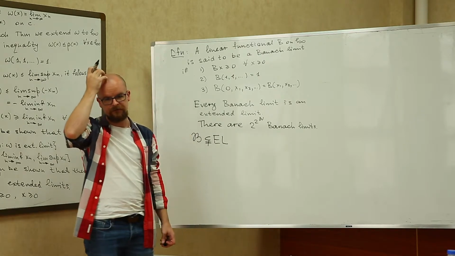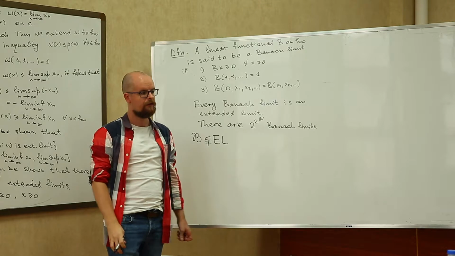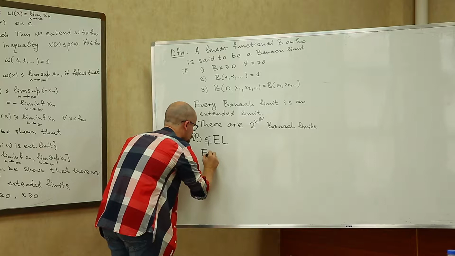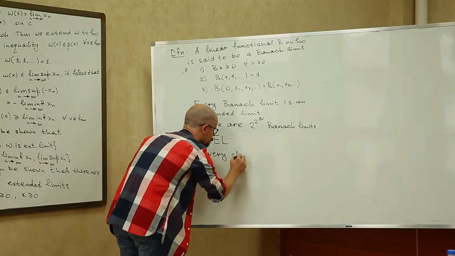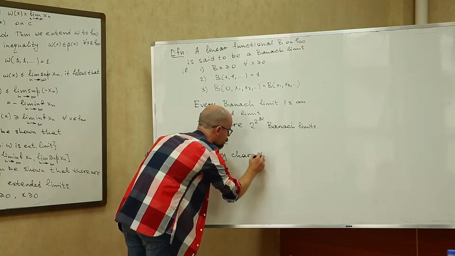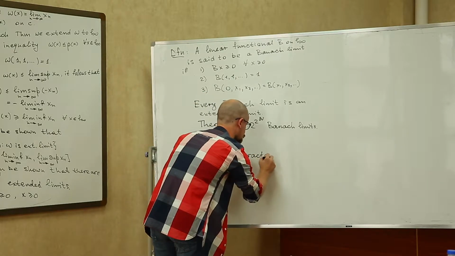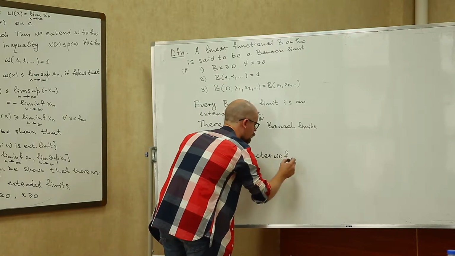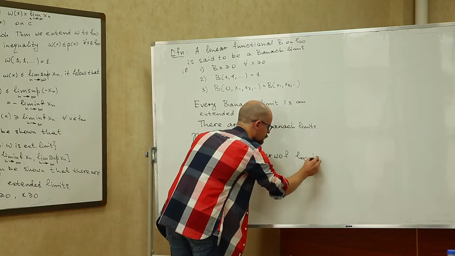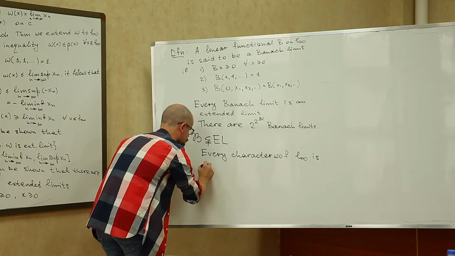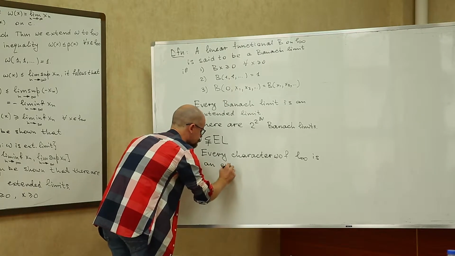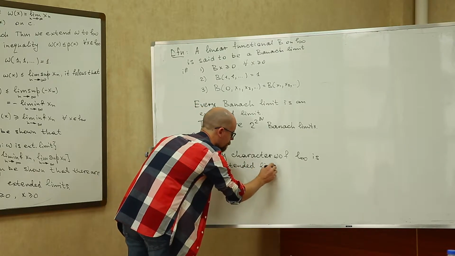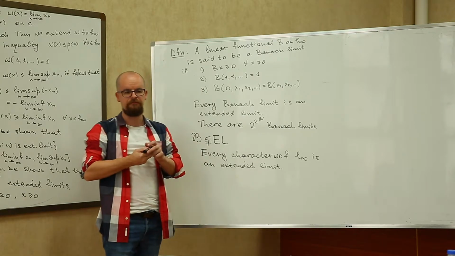If we consider L infinity as an algebra, then this algebra has characters. Every character omega of L infinity is an extended limit. This can be proved.